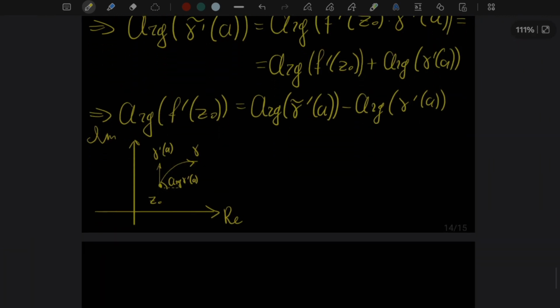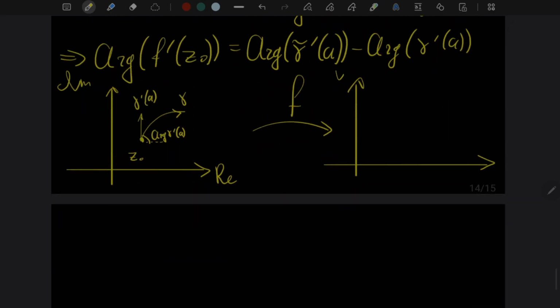Okay, and let's look at what our curve and its tangent vector are mapped onto by our function f. Let's say that the point z0 maps onto the point omega naught.